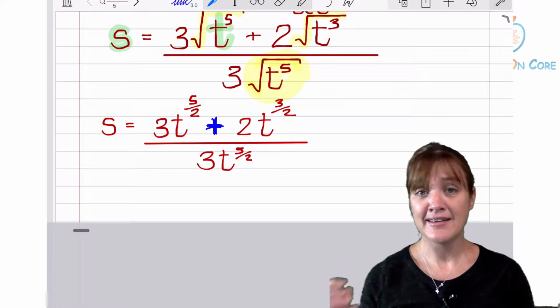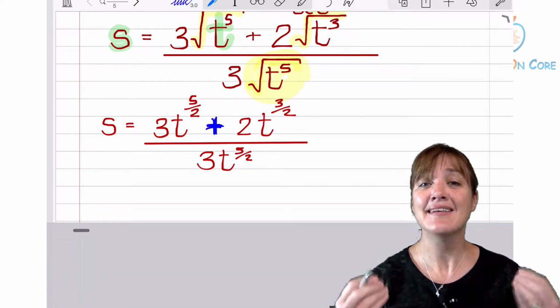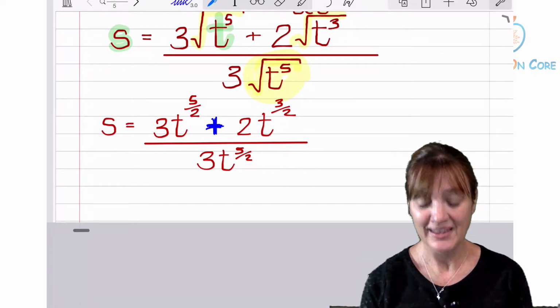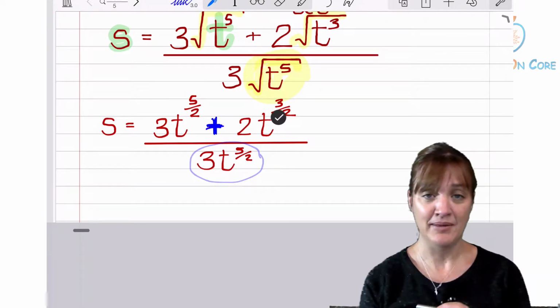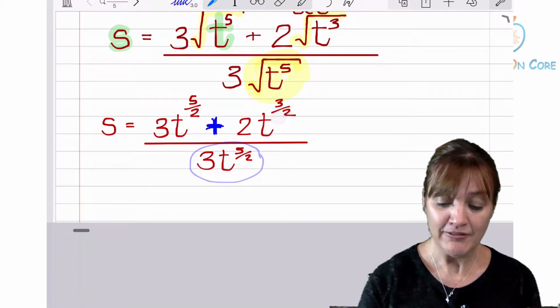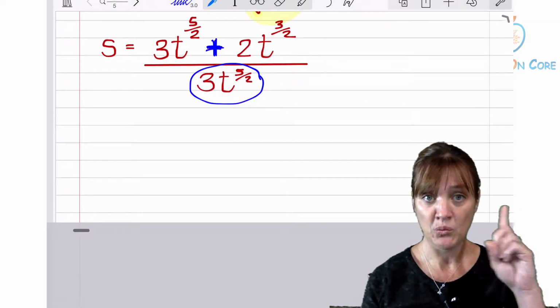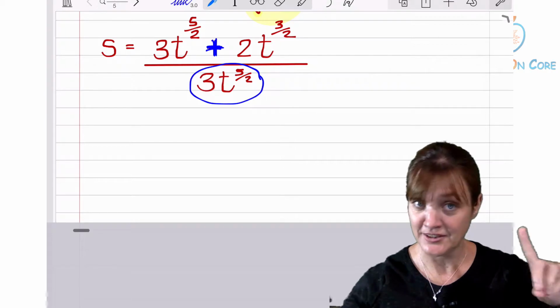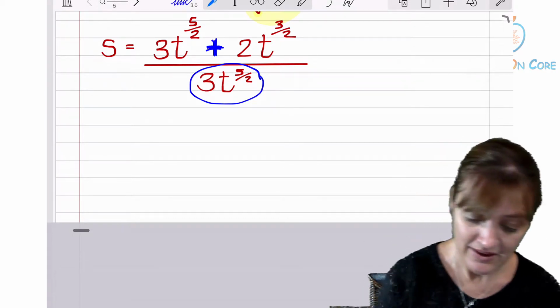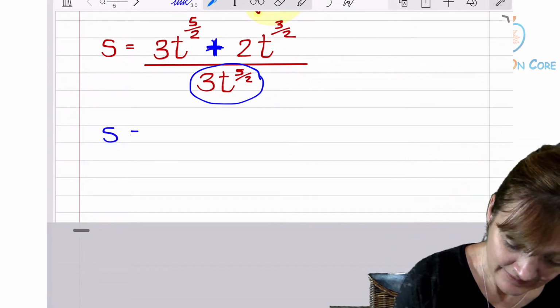All right. So here's the next point where I'm going to say, listen to what I'm saying to you here. You've got one term in the denominator, okay? Now, if you ever have that, where you've got one term in the denominator, split them. All right, did you hear me? Split them. So what do I mean by that?